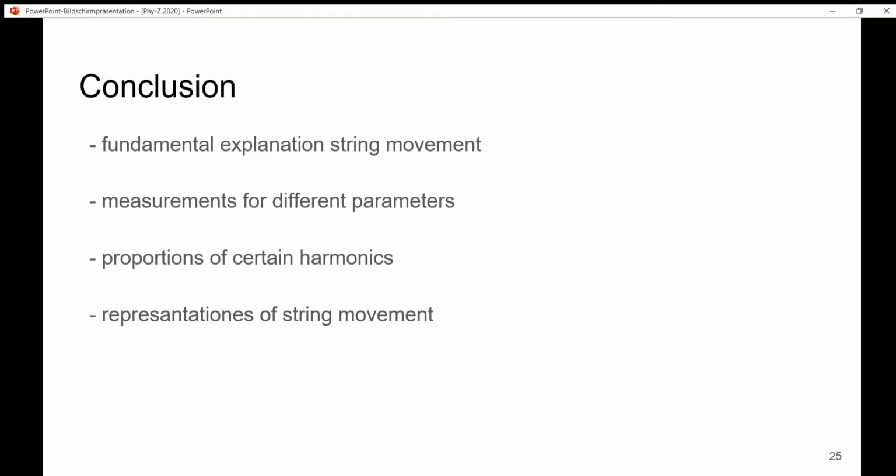Then for those I did the Fourier transformation, and I got the proportions of certain harmonics. And after that, that gave me a good representation of the string movement, so I can model the movement of the string, which answers the problem question.